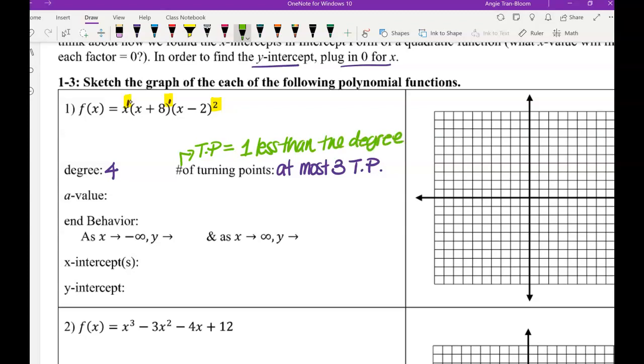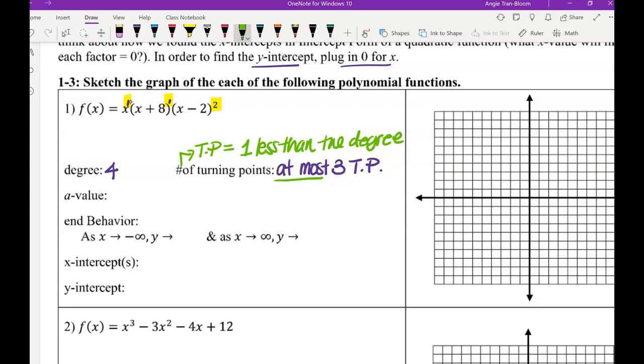So if you have a 4th degree equation, then your turning points will be at most 3. At most does not mean that you're going to have all 3 turning points. That means you have at most, so you can have 3, 2, 1, and sometimes none.